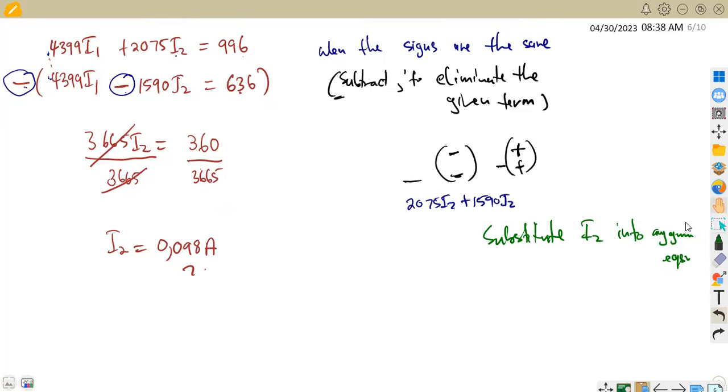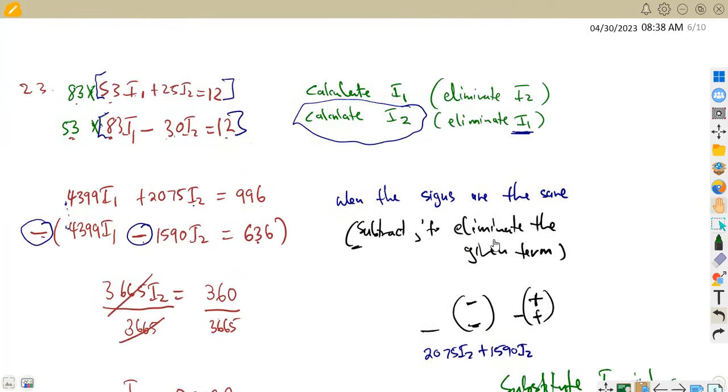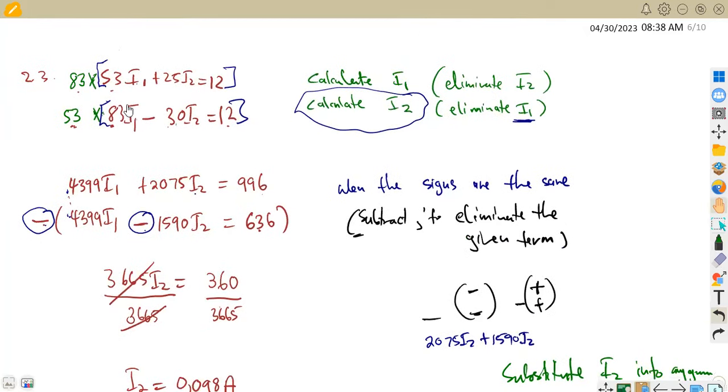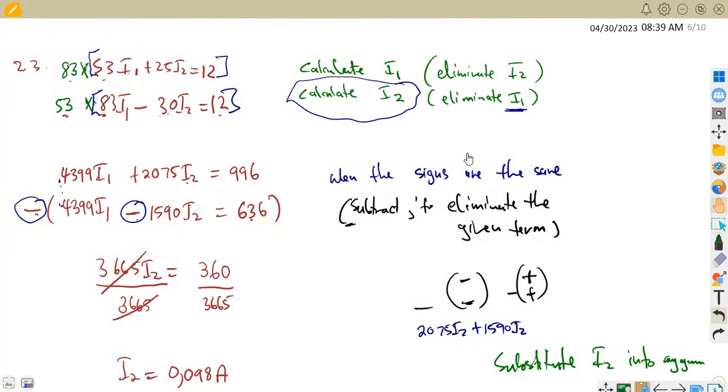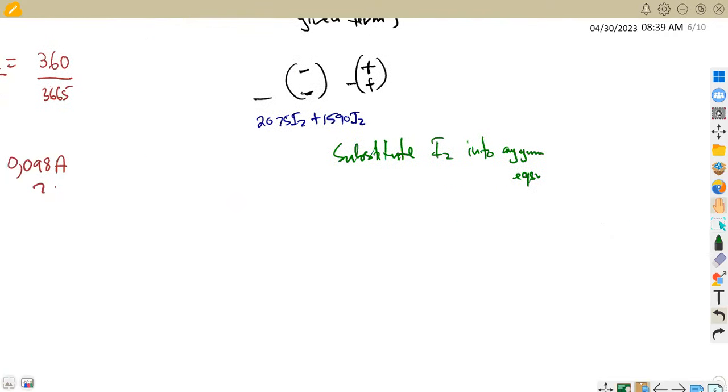In this case, I'm going to substitute into equation 1. From equation 1, we were given 53 I1 plus 25 I2, which is equal to 12.